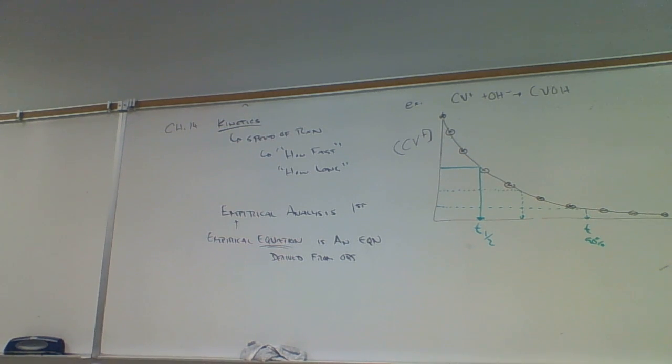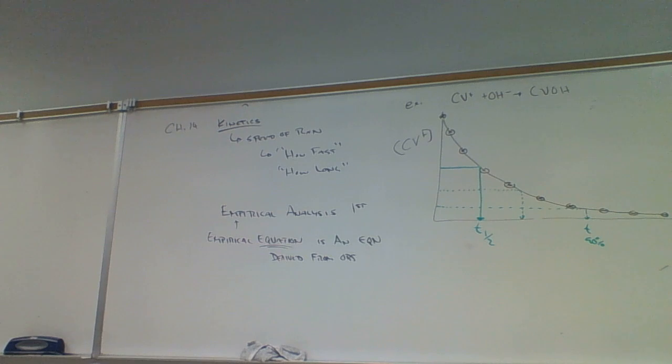Sometimes they aren't the same. So for example, if this were a linear decay, I mean a linear type of consumption, what we'd see is a different pattern in the T1 halves. So if this were linear like this, and just a straight line, then we look at how long it takes for the first. This is T1 half here. And then we cut it in half again.